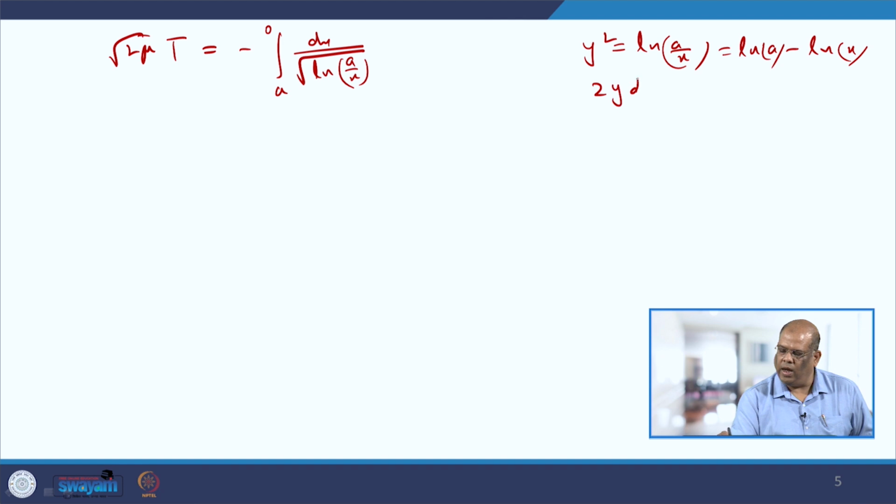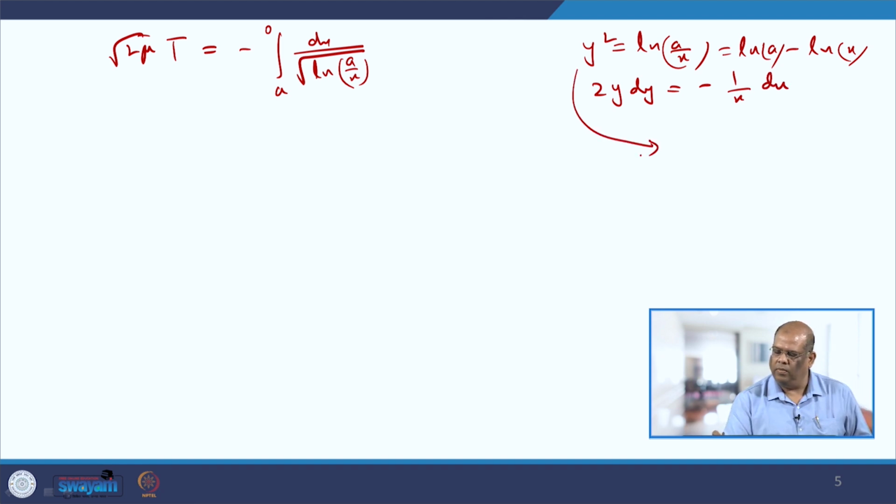So, 2y dy equal to minus 1 by x dx, and from here I can get ln a by x equal to y square. So, a by x is e to the power y square and x equal to a times e to the power minus y square.